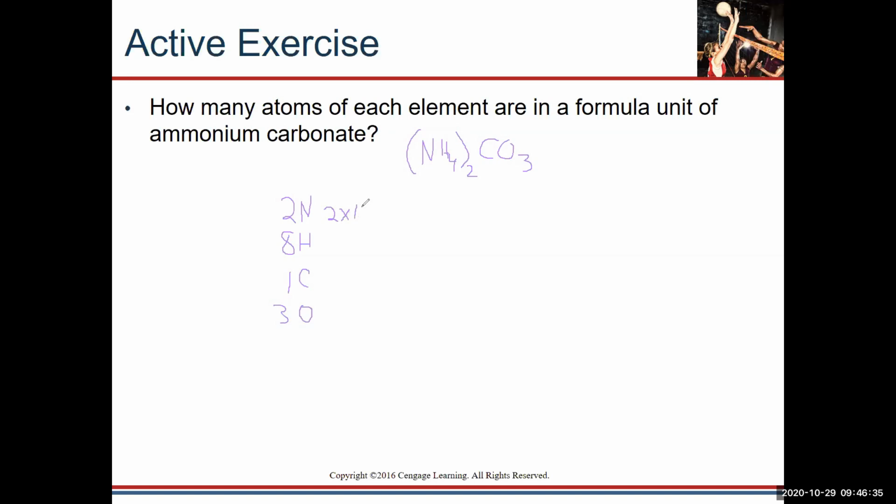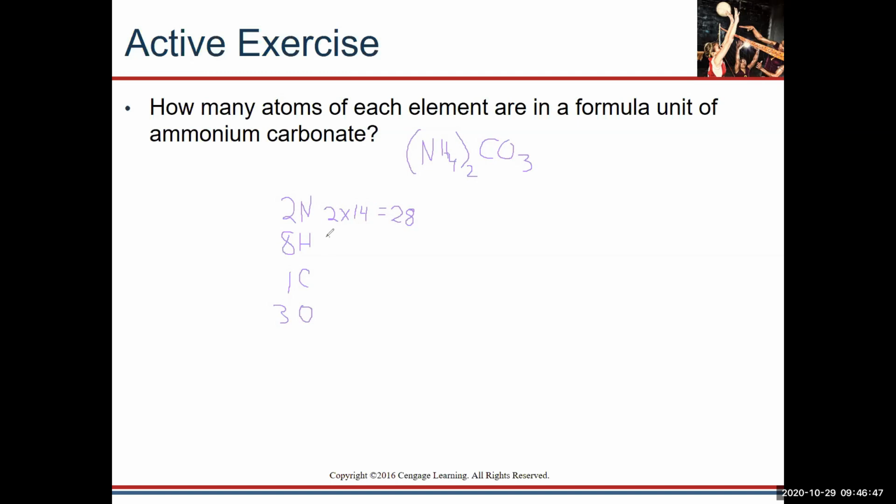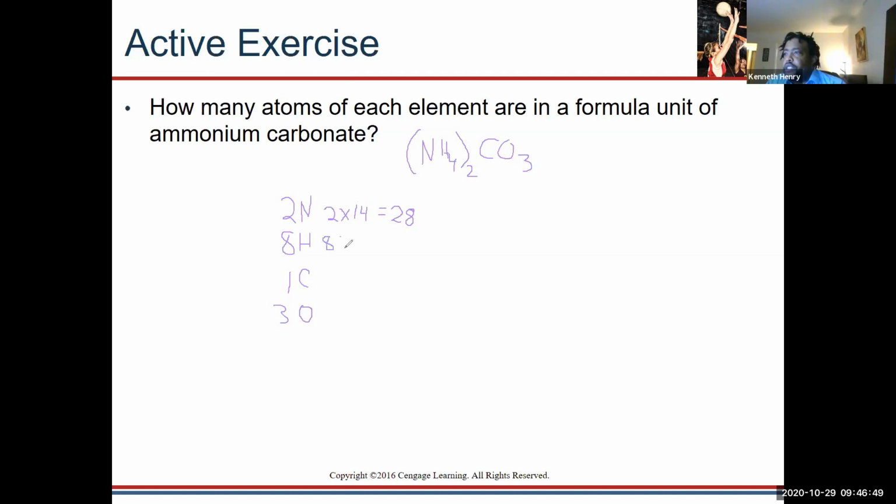Okay, so we're just going to round to 14. So 2 times 14 is 28, right? What about oxygen? Sorry, not oxygen, I got carried away. Hydrogen. But we'll put oxygen down here for later.